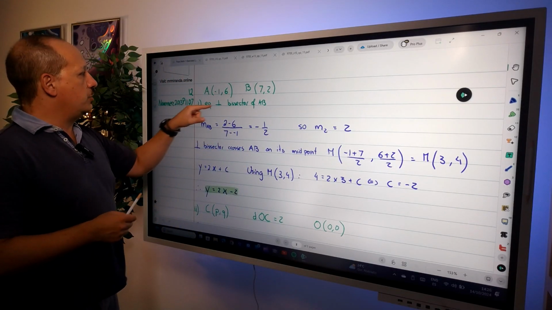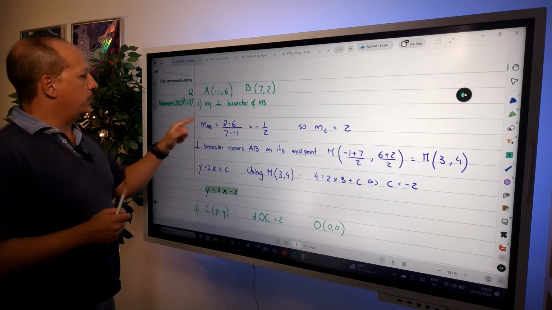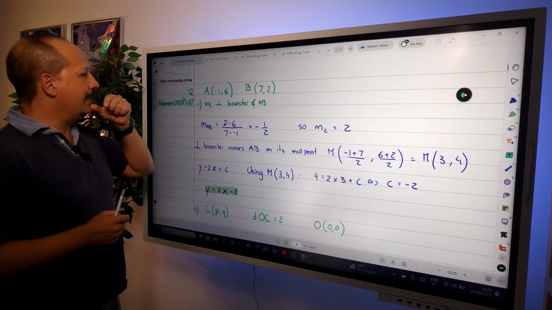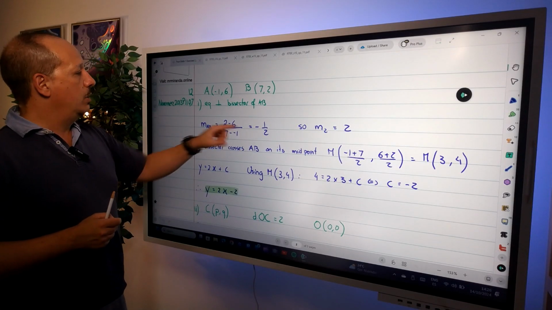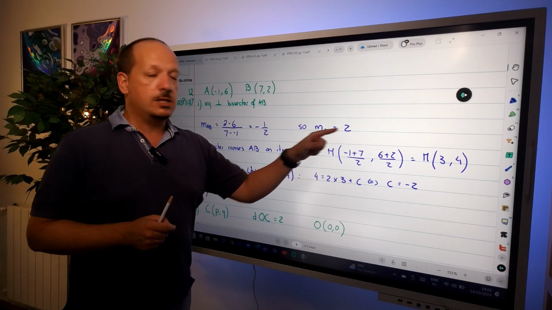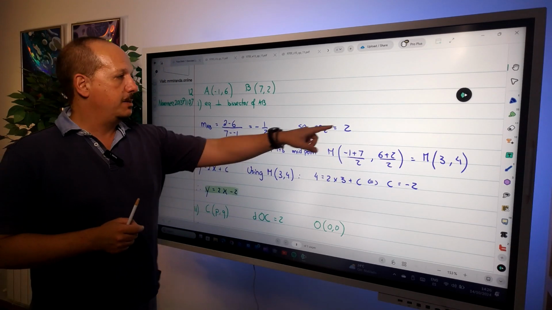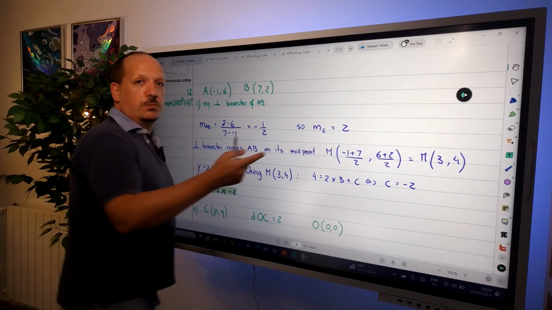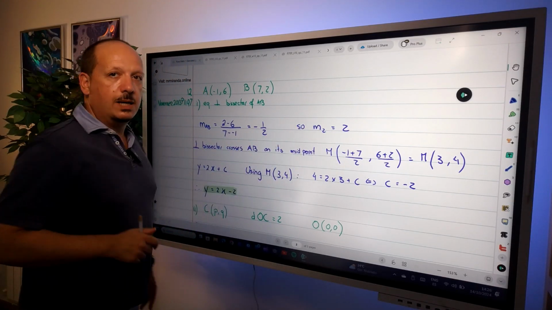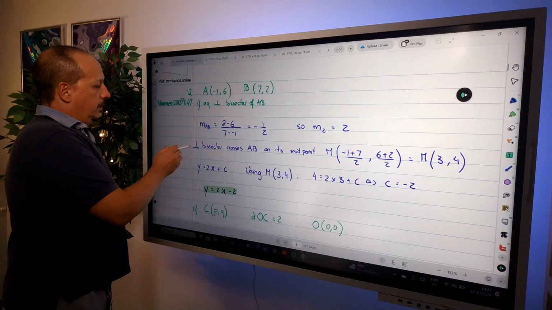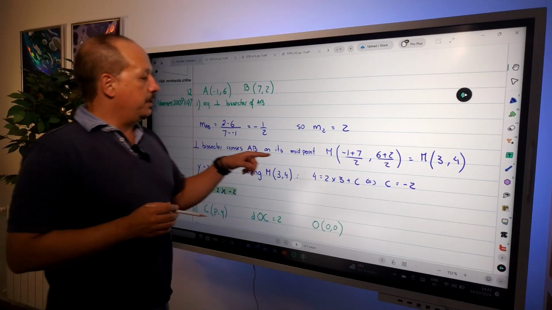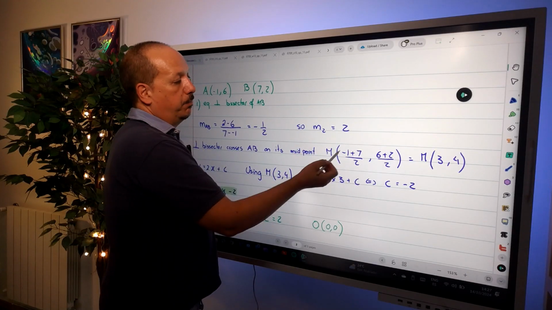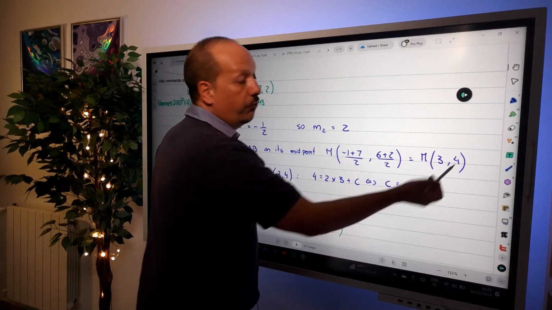So here is the information, what I want, and first I get the equation. The gradient of the line AB is -1/2. So the gradient that I want is -1 over this, which is 2. Or in other words, this times this equals -1, so this one needs to be 2. The perpendicular bisector crosses AB at its midpoint. And what is the midpoint? I'm just using the formula for the midpoint, and I get the value (3, 4).